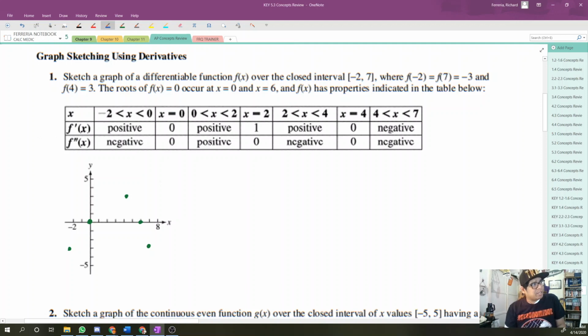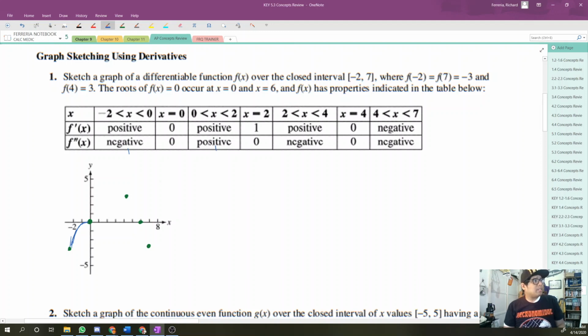And then when we get to 0, the slope is 0, and also looks like we're going to have a concavity shift over there. So to make that work, we're going to have to round this out, kind of like this. There's going to be a concavity change here because the concavity is going to go from negative to positive.